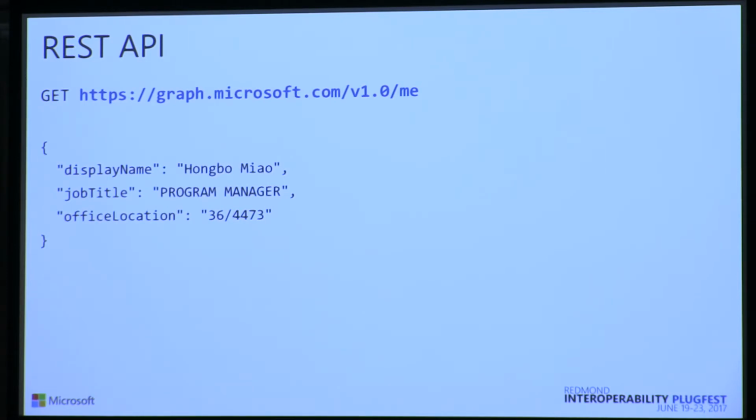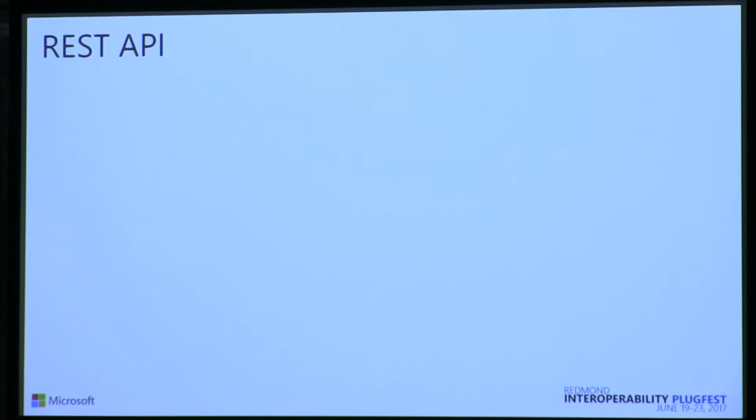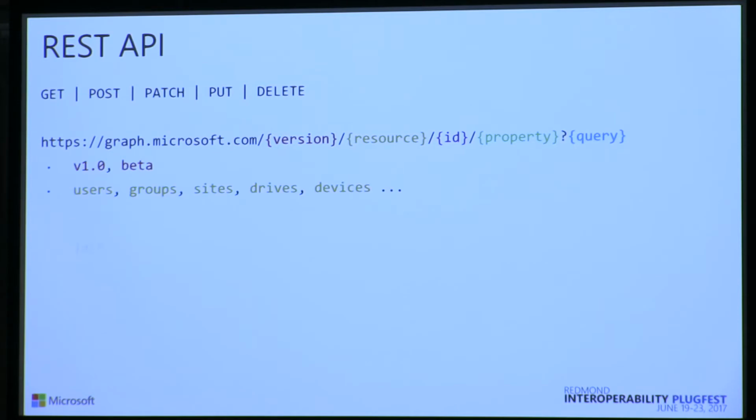It's just a GET REST API. When you run this one, it's going to return your information. And this is the structure of the REST API. You provide your version of Microsoft Graph, the REST API version.